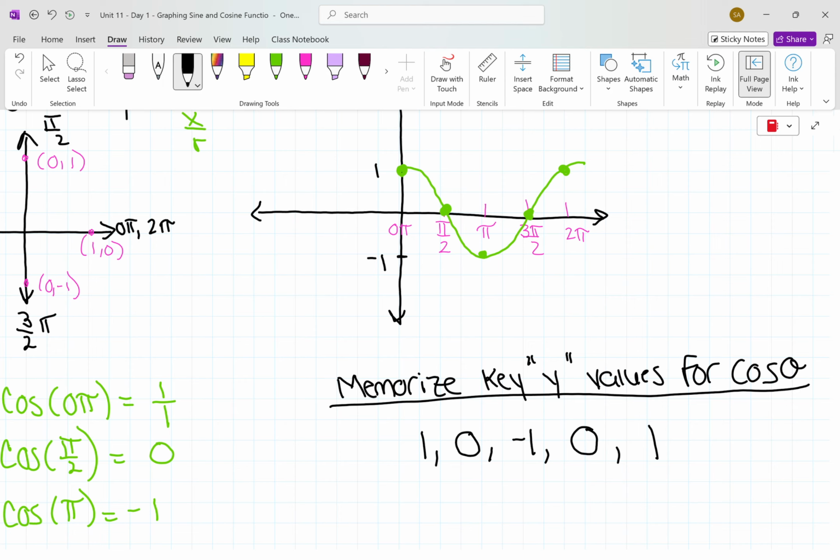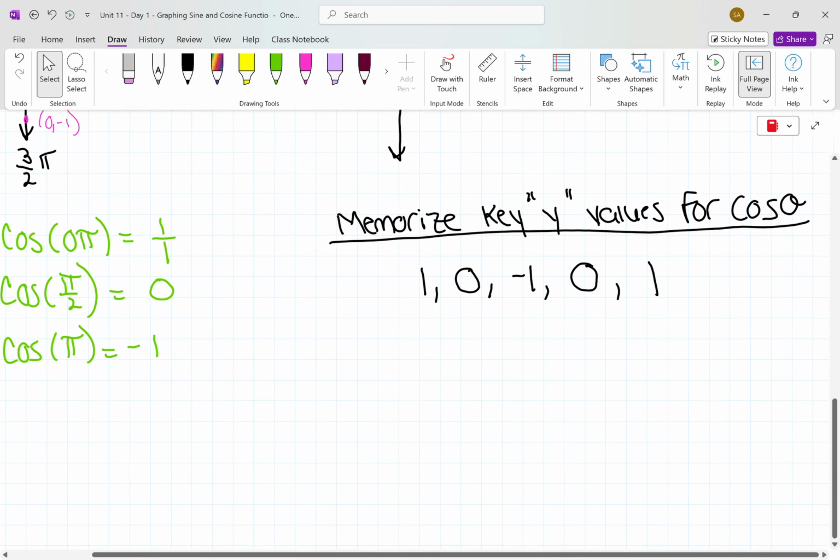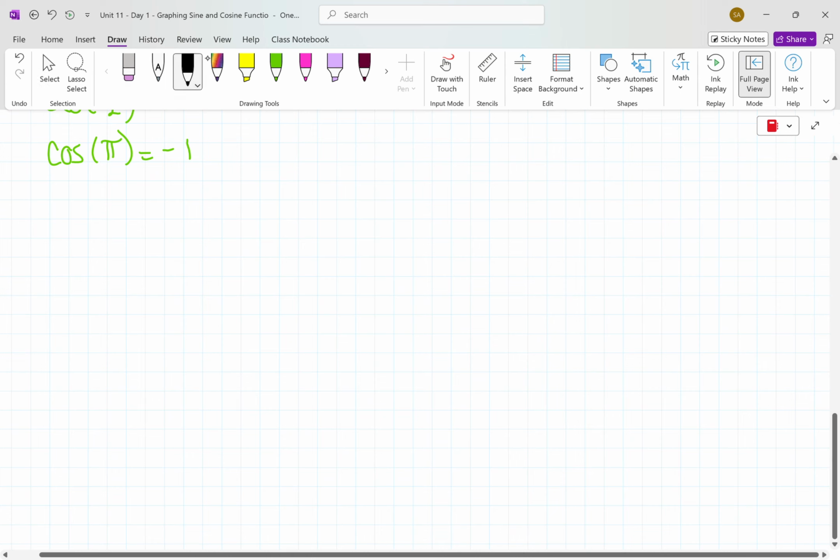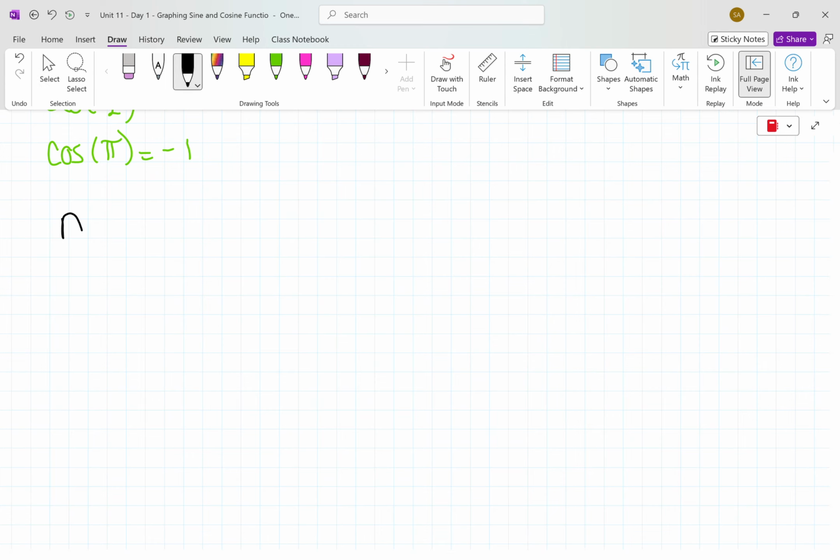We done copying? Okay, now there's different parts of cosine and sine curves that we want to talk about. The first new vocab word is going to be amplitude.